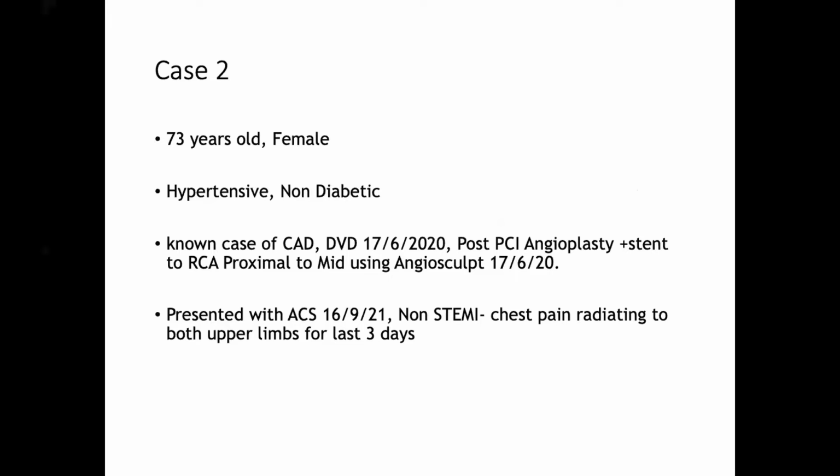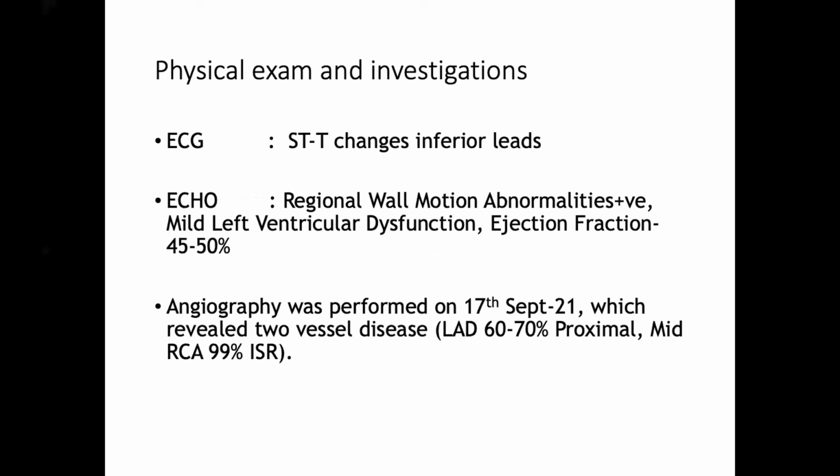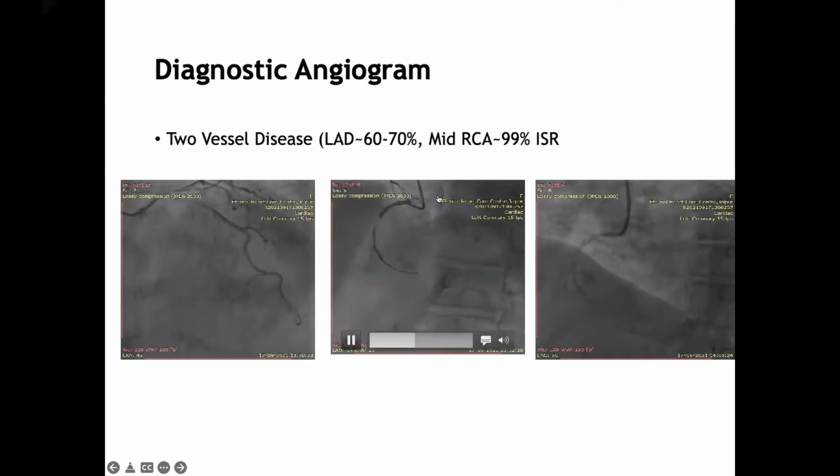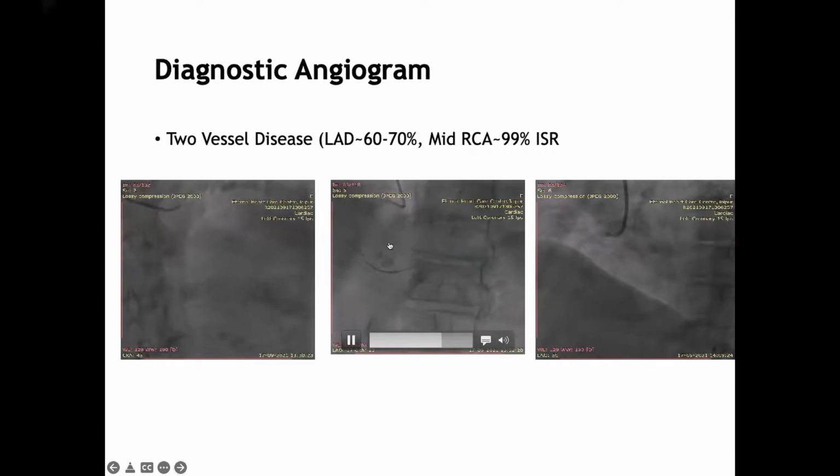Enzymes were a little bit elevated, and the LV was quite well preserved, 45 to 50% ejection fraction, inferior hypokinesia, ST-T changes in inferior leads. Angiography revealed 99% ISR in the RCA stent, and the LAD had a 60 to 70% tubular lesion in the proximal mid segment. You can see the LAD is borderline, 60 to 70, and there is a clear-cut 99% RCA stent.